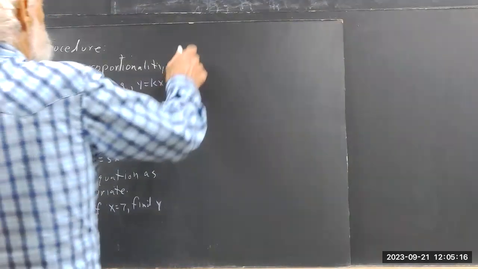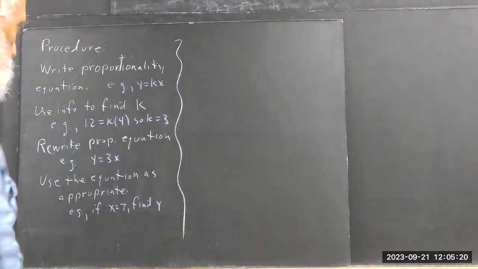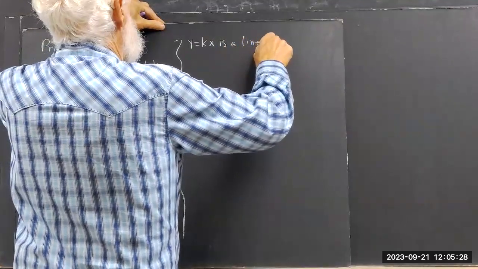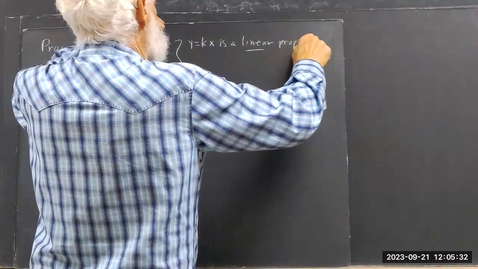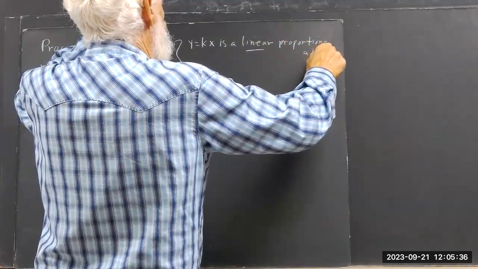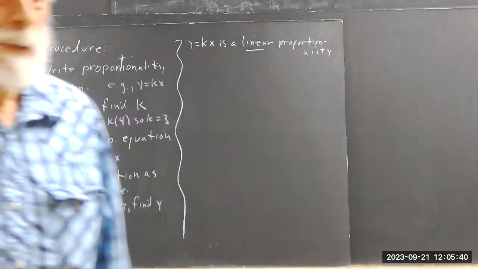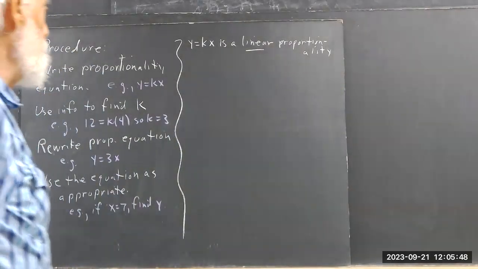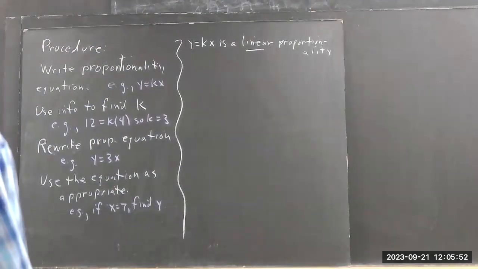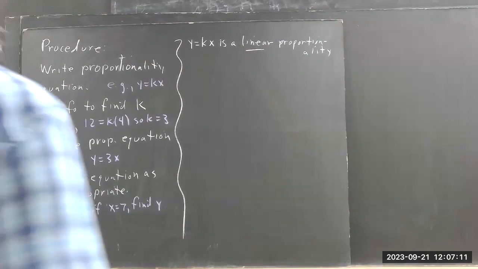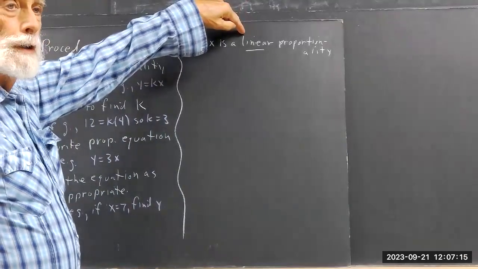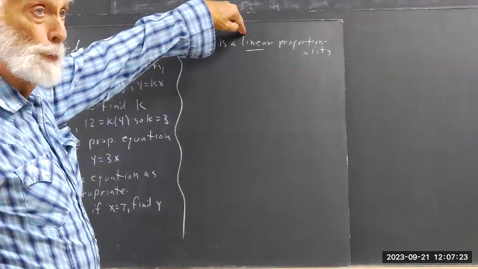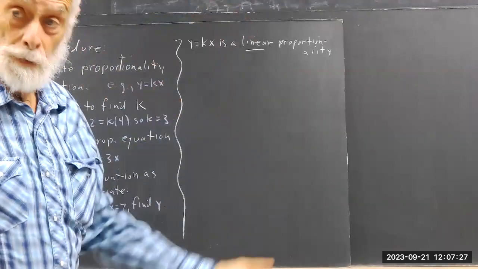Okay, now, not surprisingly, you would call y equals kx a linear proportionality. What do you think would be the formula for a cubic proportionality? We haven't even really talked in my class about linear functions. We've talked about quadratic functions and cubic functions and exponential functions and reciprocal, square, and square root recently.